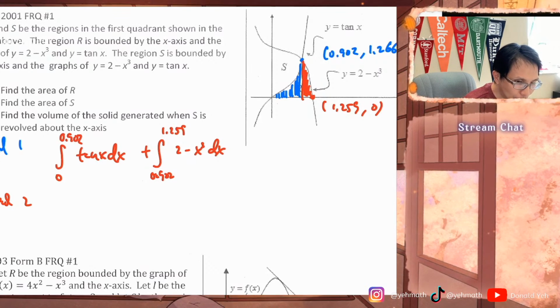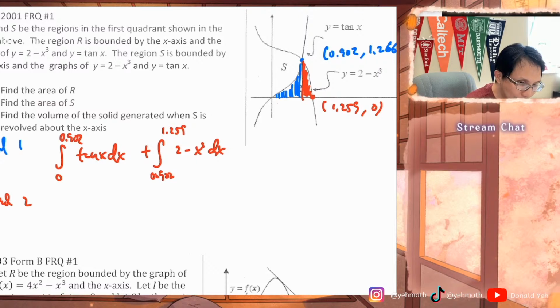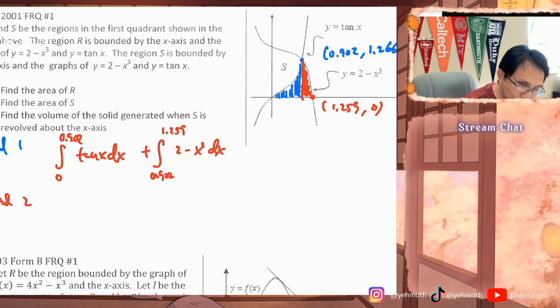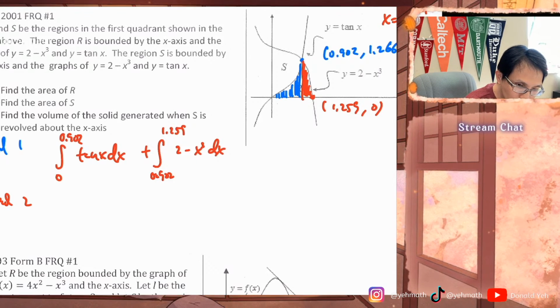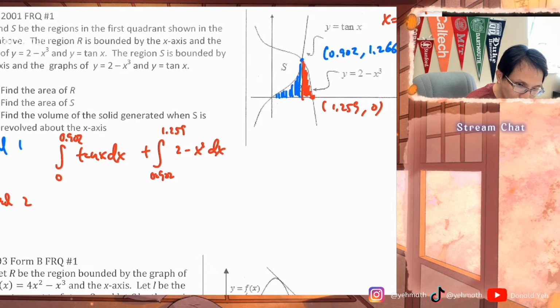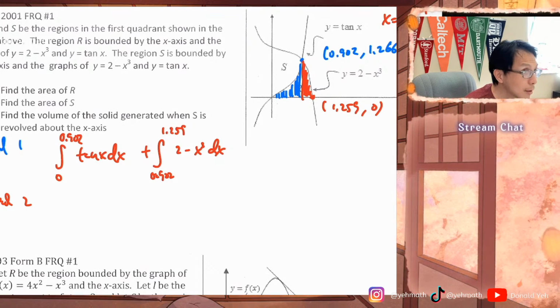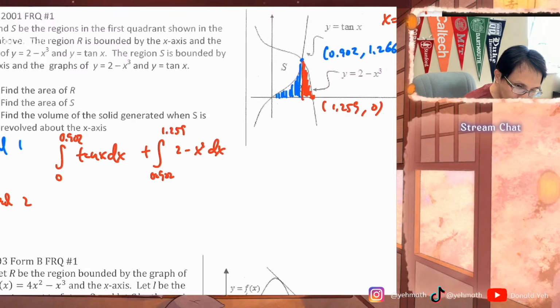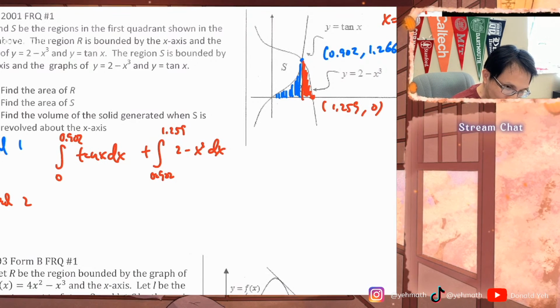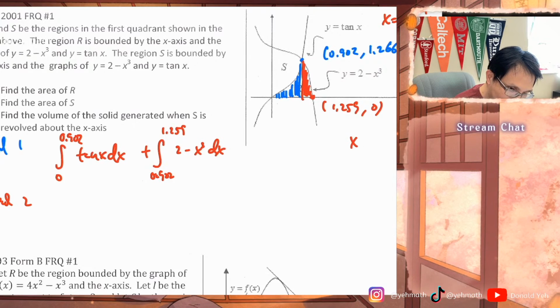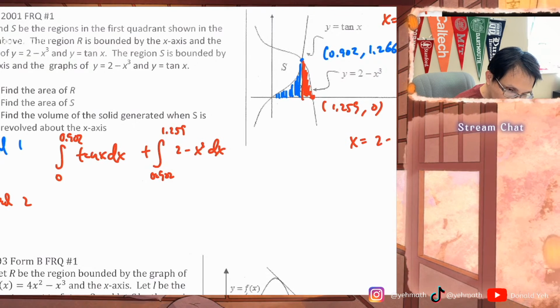So here I can do it in terms of y. I can solve for y. Here x equals inverse tan of y. Does that make sense? And in this case, x is equal to the cube root of 2 minus y.